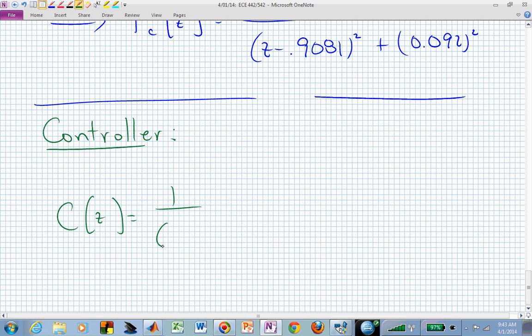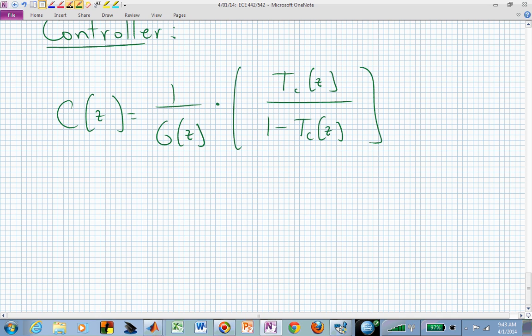That's now 1 over the plant, G of z, scaled by T sub c of z over 1 minus T sub c of z. Let me go ahead and do an intermediate calculation of finding that term in the square brackets so that all of this doesn't just blend into a mess.